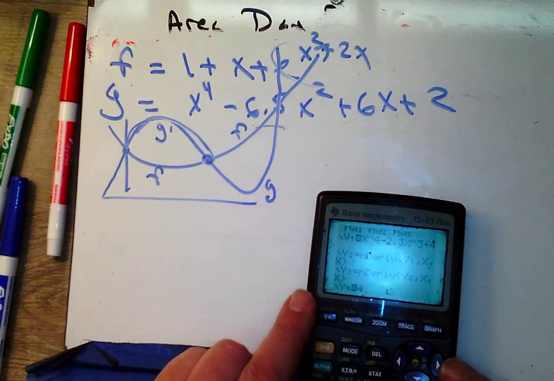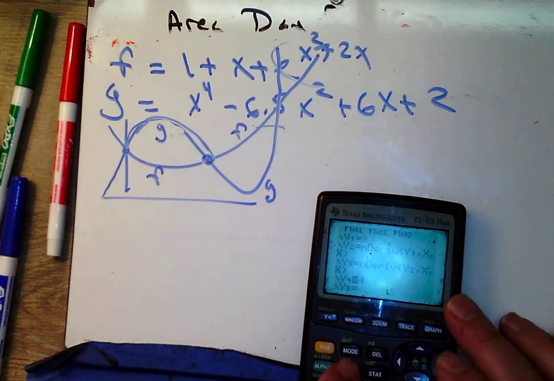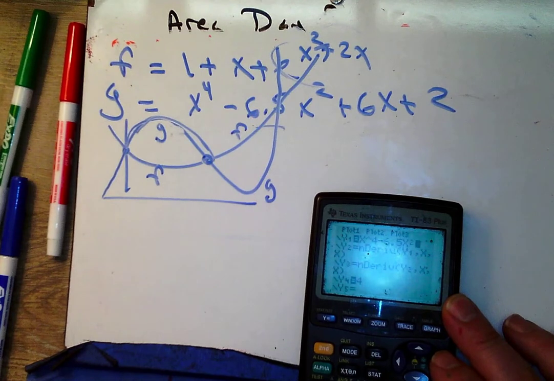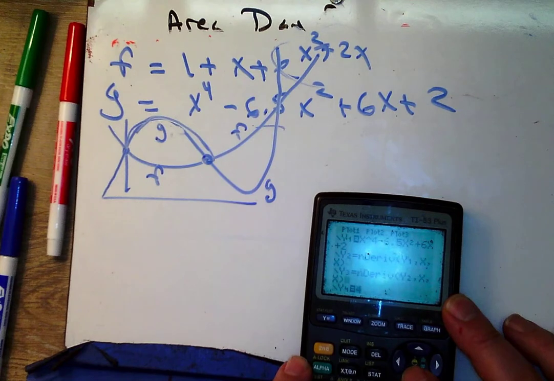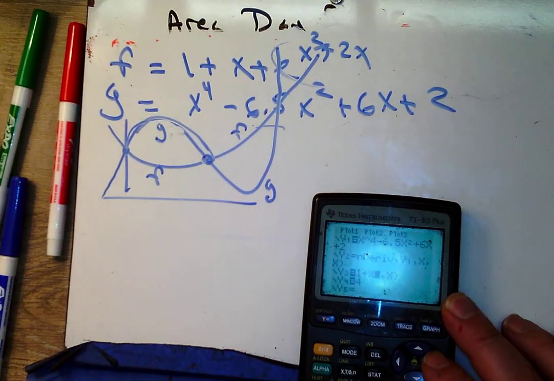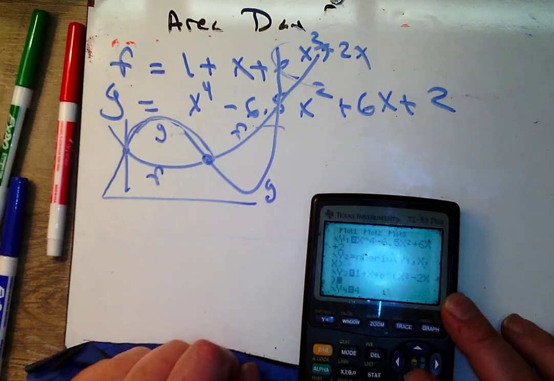We're going to graph G, x to the 4th minus 6.5 x squared plus 6x plus 2. And then down here we've got 1 plus x plus e to the x squared minus 2x. All right.